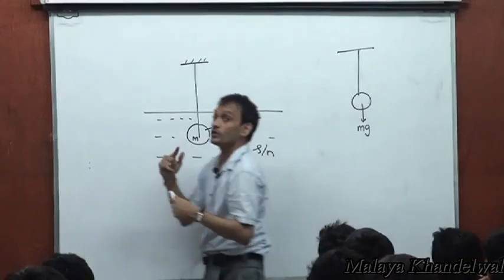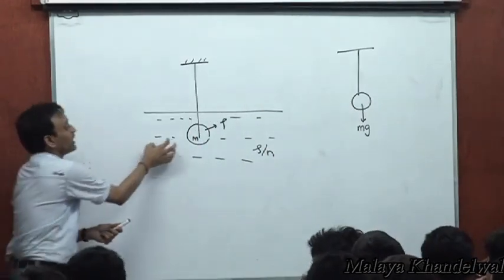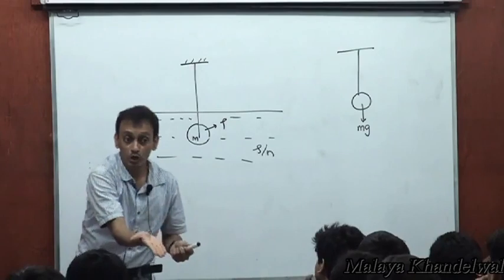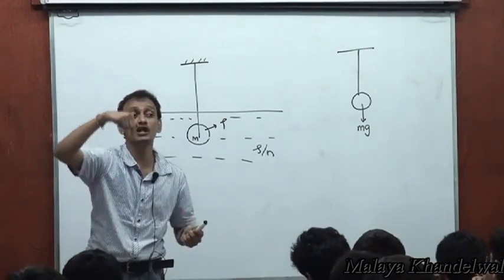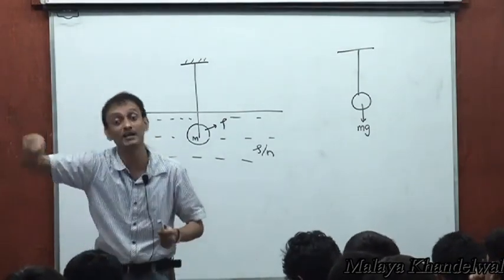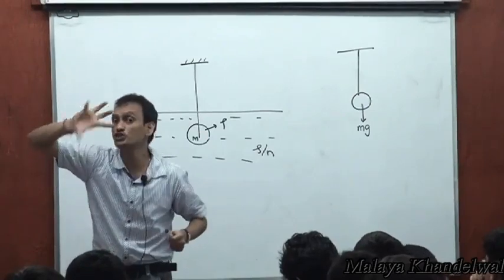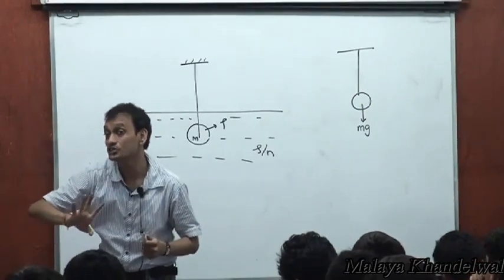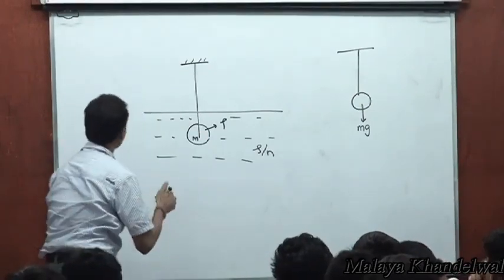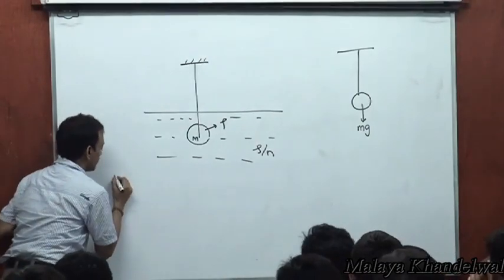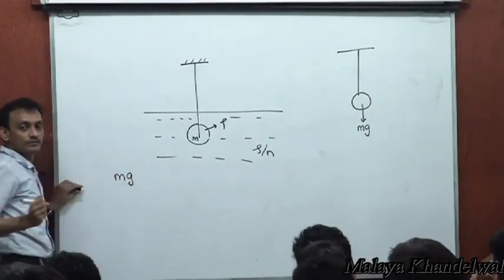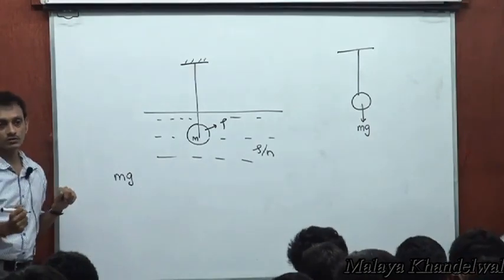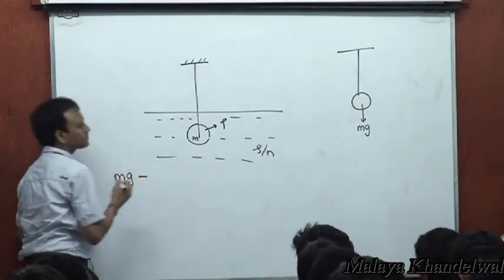In this case, realize that the liquid is exerting an upthrust. As a result, the net downward force is mg minus upthrust, so g effective becomes less than g. How does one find g effective? mg minus upthrust.